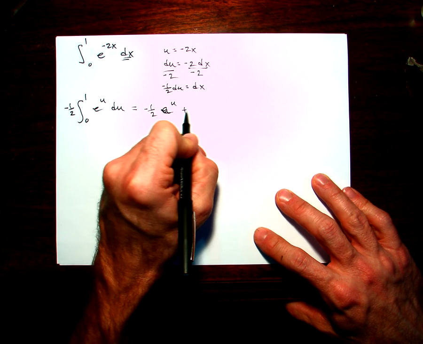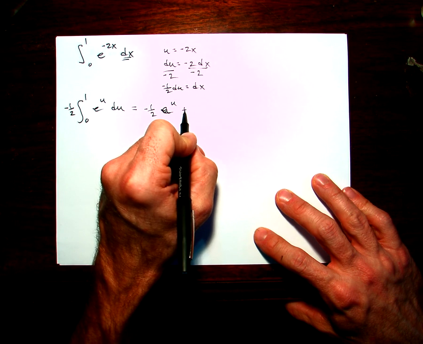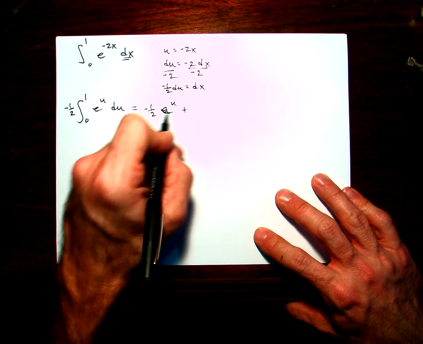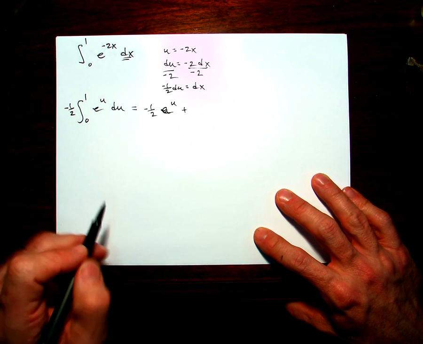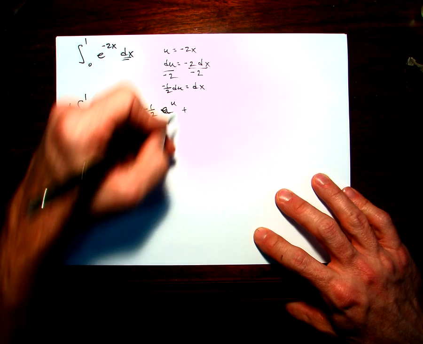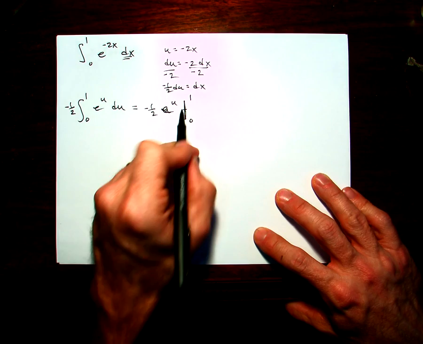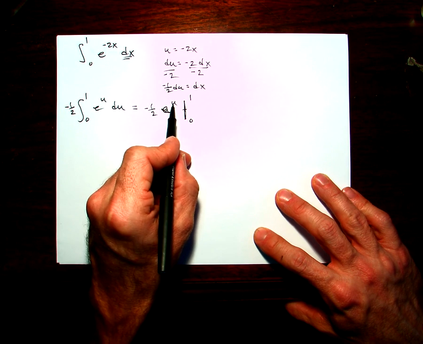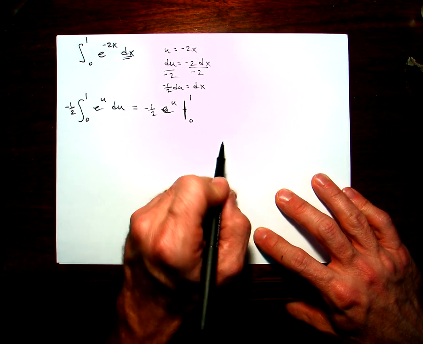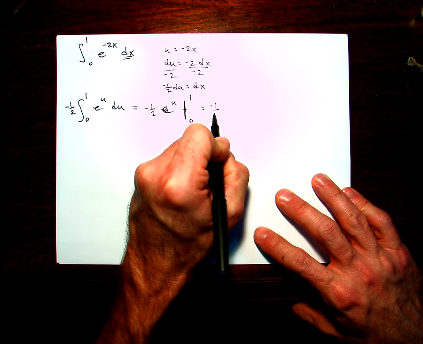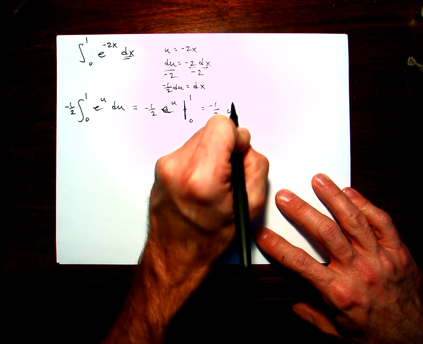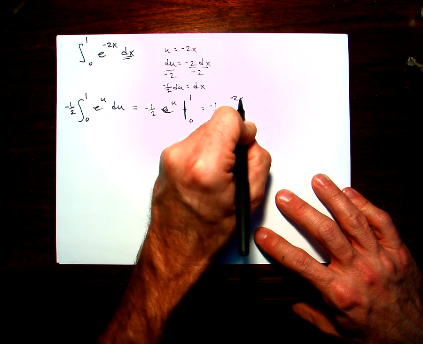And actually, I don't want plus c. That would be the antiderivative, but I have a definite integral here, so we're going to go from 0 to 1. But I can't plug these in for u because these limits are in terms of x. So let's substitute back: negative 1/2 e to the negative 2x from 0 to 1.